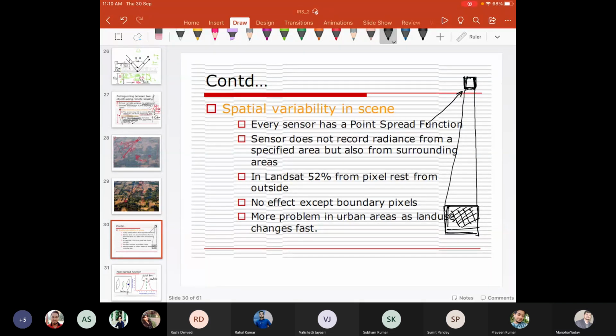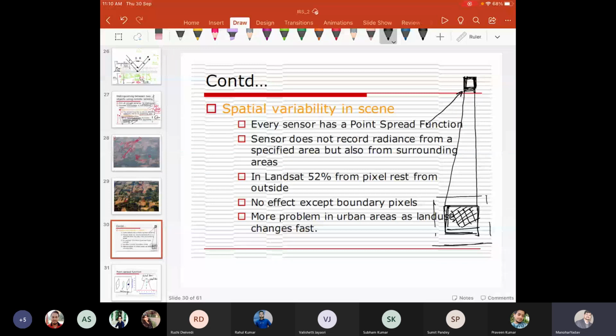when this sensor senses this ground resolution cell, the energy that reaches the FOV of the sensor, due to the point spread function, also includes the surrounding area that surrounds this ground resolution cell.